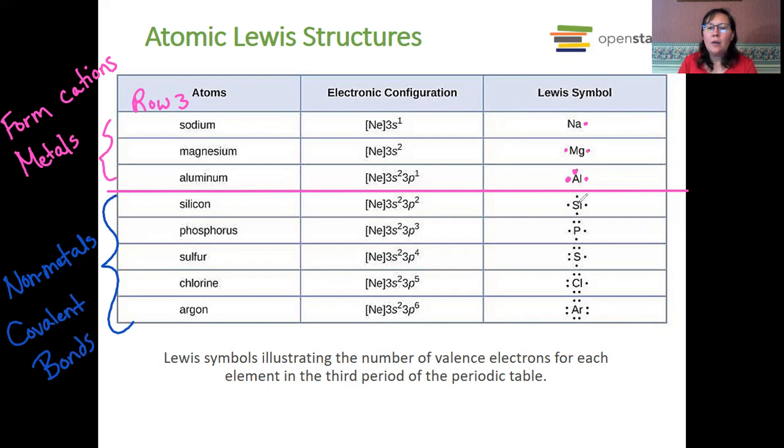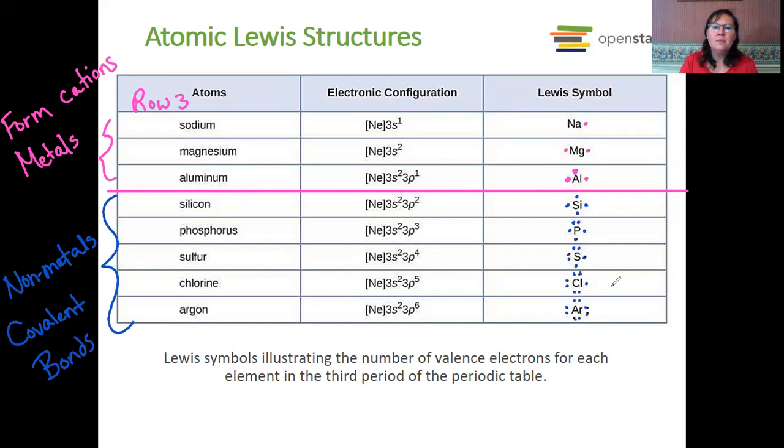Now look, silicon has 1, 2, 3, 4. Phosphorus has 1, 2, 3, 4, 5. Okay, and you'll notice that you don't have any empty spaces here, right? You have at least 1 electron on each side. And I'm making them blue, so you can see where I'm identifying them.